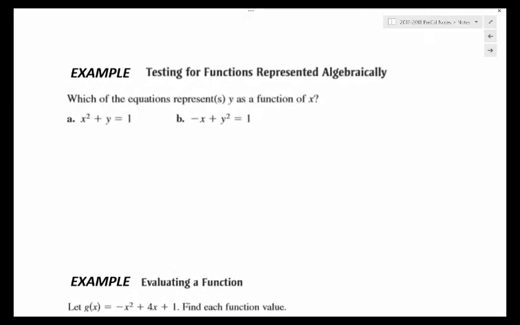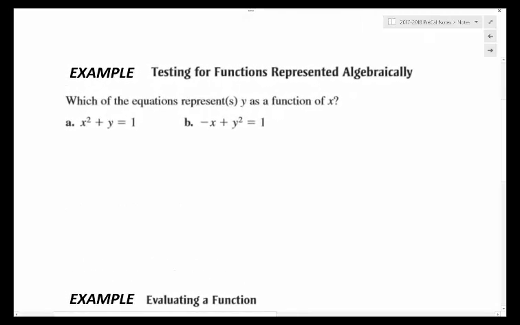You can also test them algebraically. Which of these equations represents y as a function of x? If I subtract x squared from both sides, I have y equals negative x squared plus 1.